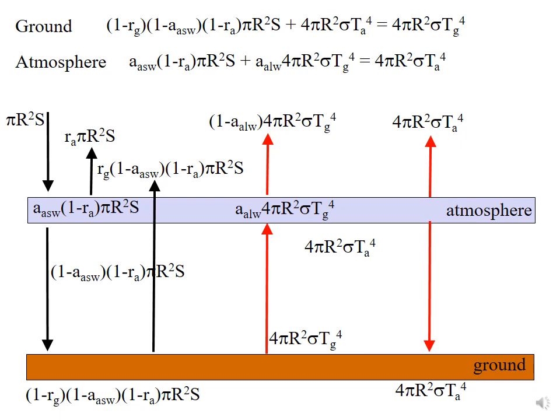The first one is the absorption of the shortwave, the ASW times 1 minus RA times pi r squared S. And the second one is the absorptivity of the atmosphere in the longwave times 4 pi r squared sigma Tg to the fourth. So those are the absorption, and that has to be equal to the emission. And what's being emitted by the atmosphere? It's 4 pi r squared sigma Ta to the fourth.